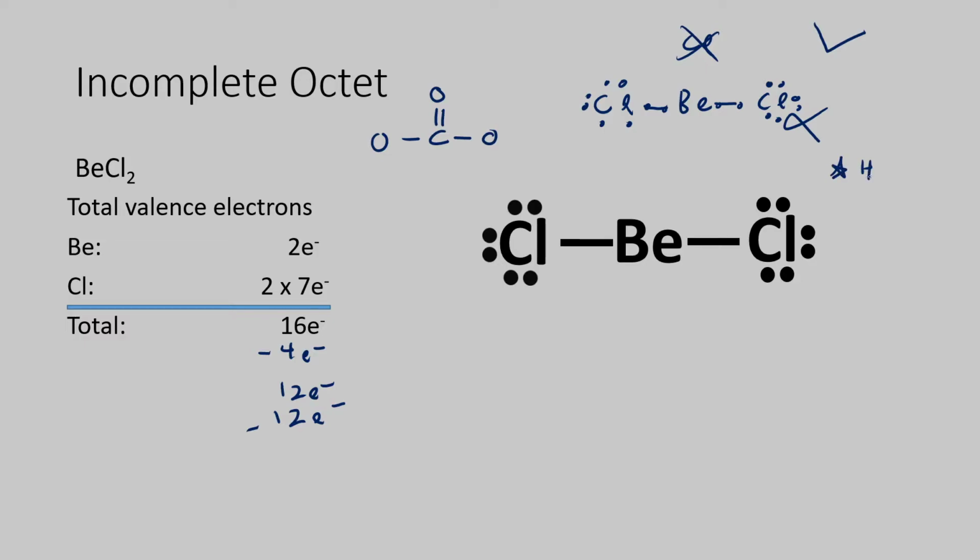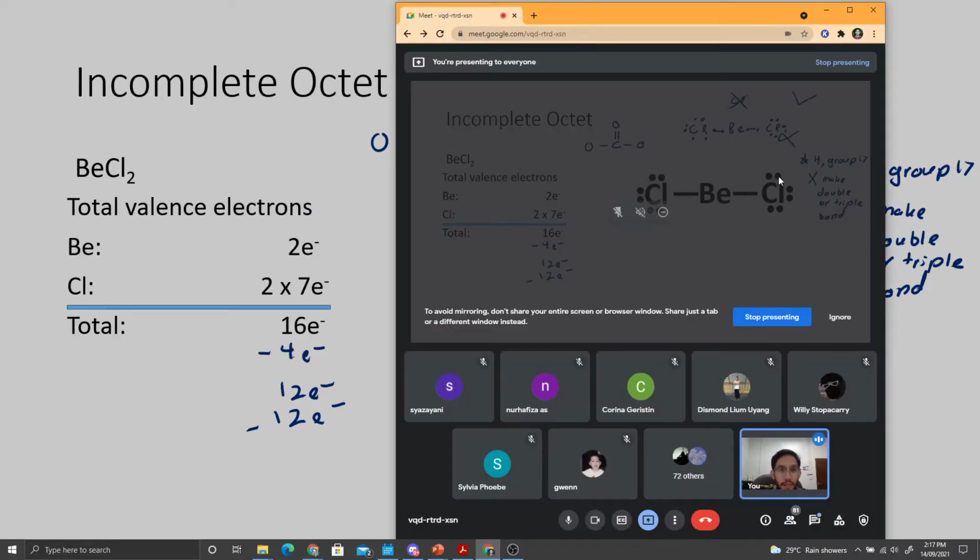Hydrogen and group 17, any atoms yang dalam group 17, cannot ever make double or triple bond. Untuk hydrogen and group 17, diorang usually akan buat single bond sahaja, never lebih dari single.